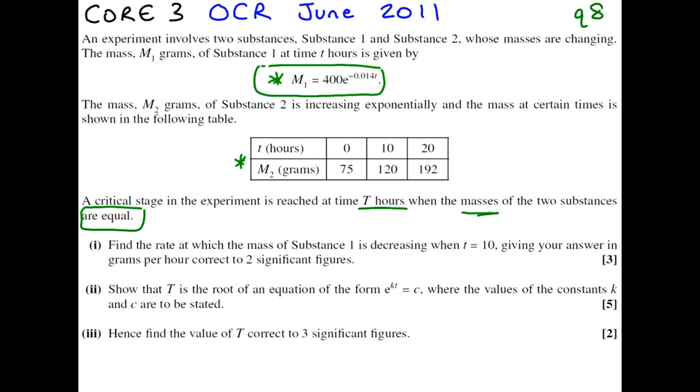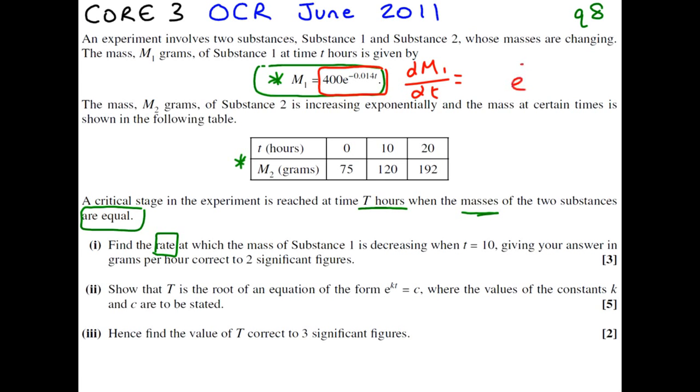When we're talking about rate of change, we're talking about differentiating. So the rate of change of substance 1 with respect to time, we're going to get by differentiating 400e to the minus 0.014t.